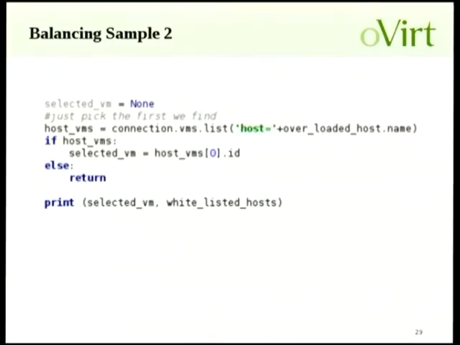Then we actually print it because we're using stdio to get the data from the module, and we return it, and we return a white-listed host, which is kind of a filter. The first filtering we do before we activate the filters and weights and the normal process that we do.